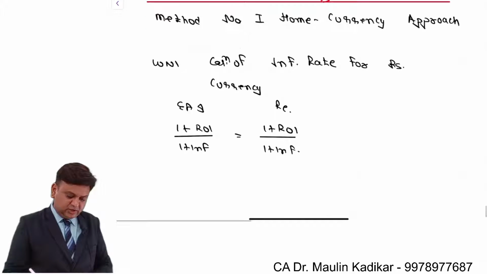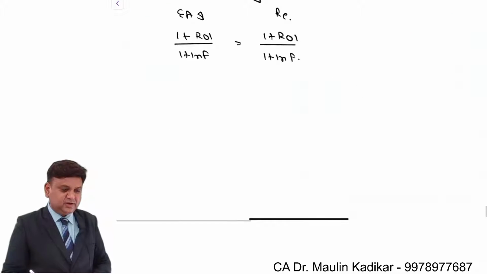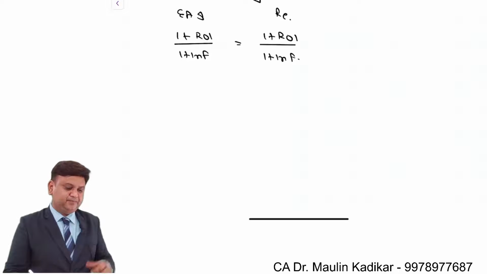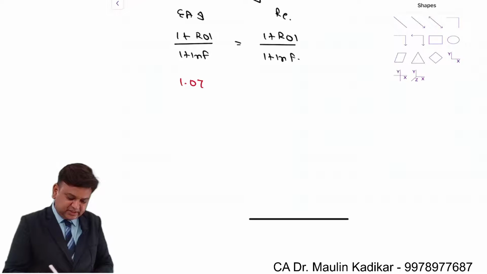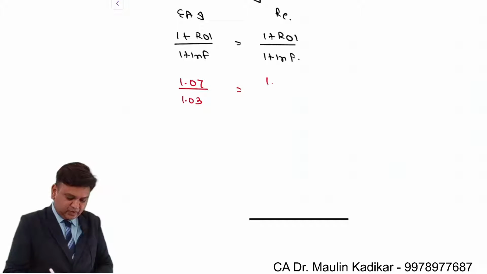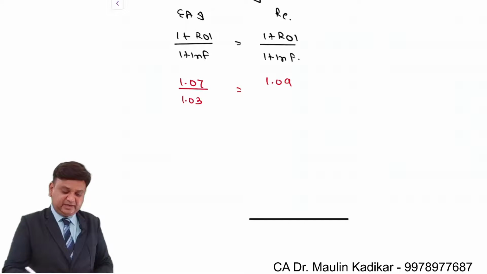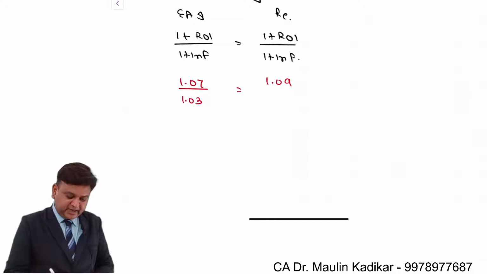For the East African dollar, the rate of interest is provided to us as 7%. The inflation rate is given as 3%. For the rupee currency, the rate of interest is 9%, and the inflation rate we do not know.